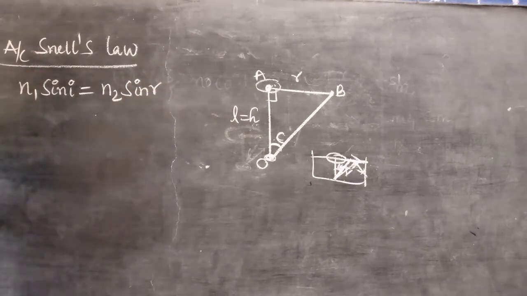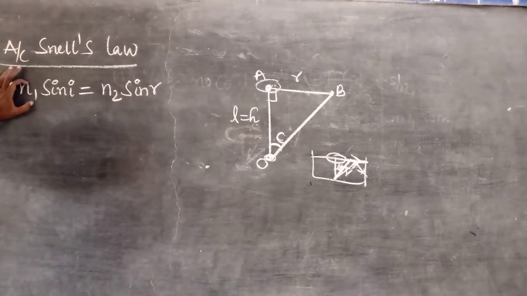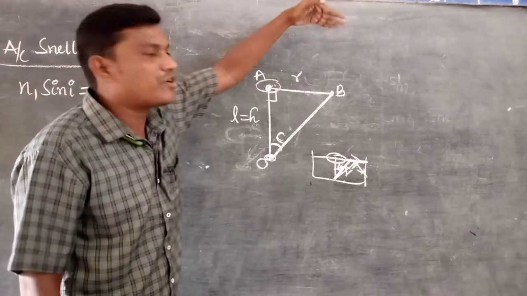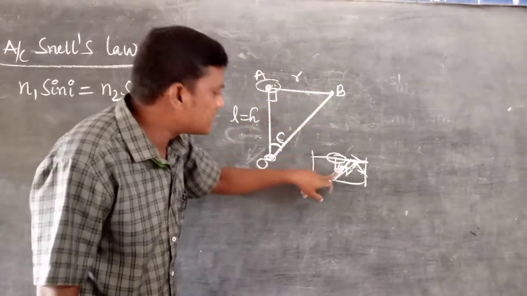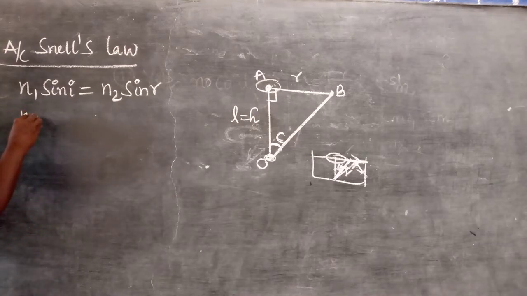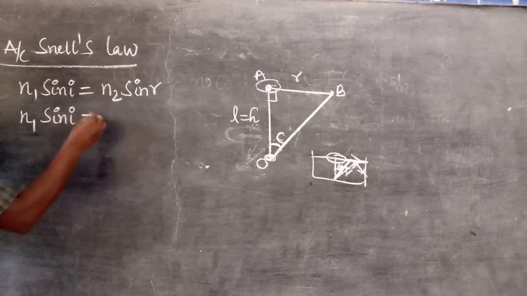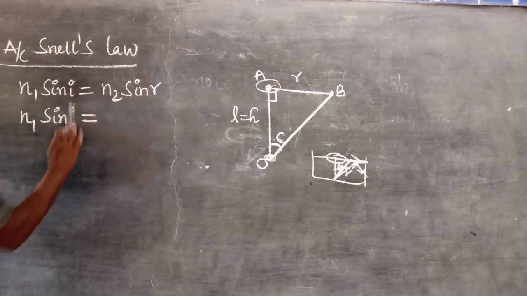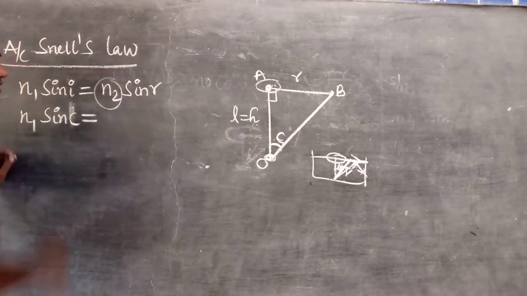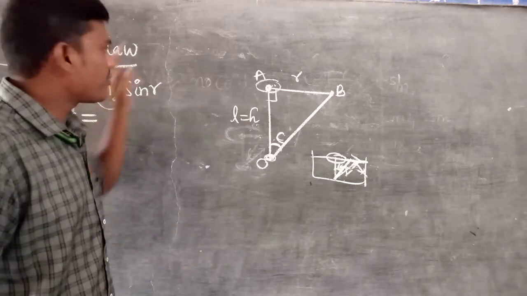We know that N1 is the denser medium, N2 is the rarer medium, because light travels from denser medium to rarer medium. Angle I is in the denser, angle R is in the rarer. So N1 sin I is equal to, here I is the critical angle C, so sin I is sin C. N2 is the refractive index of air.